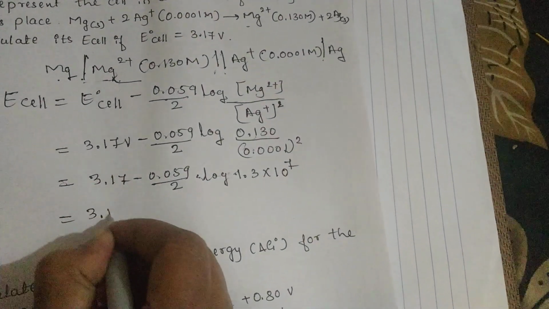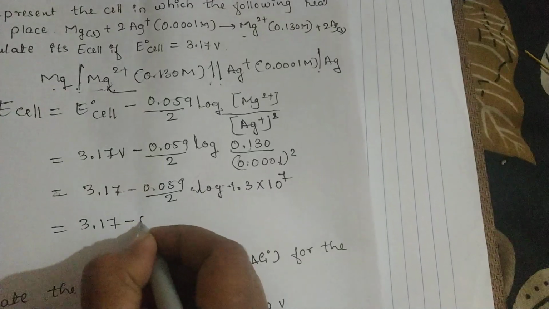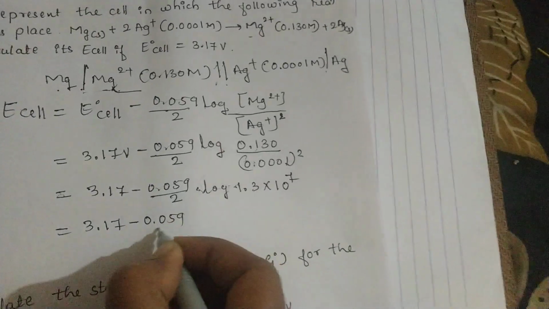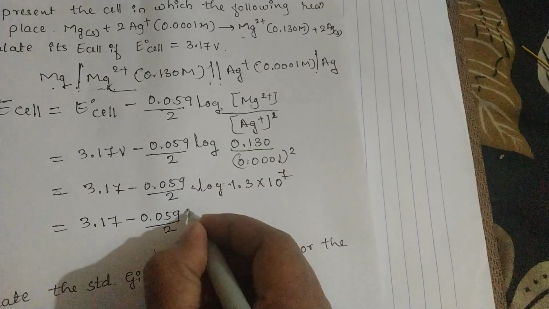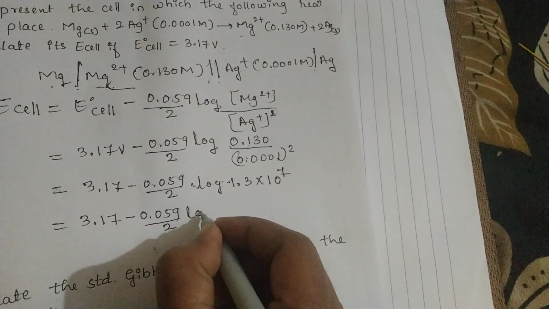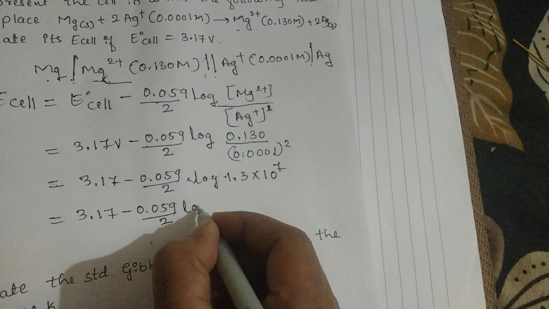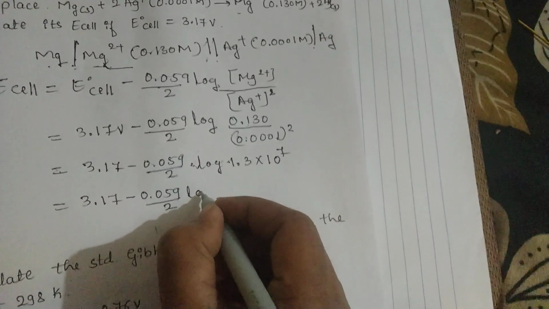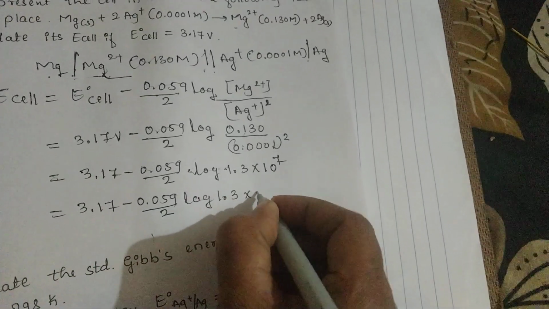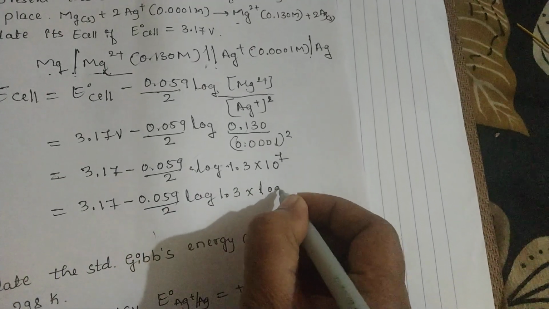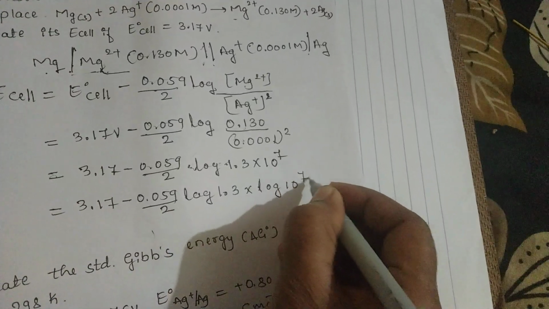Then 3.17 minus 0.059 divided by 2. Here we can take log of A into B as log A plus log B. So log 1.3 plus log of 10 raised to 7.